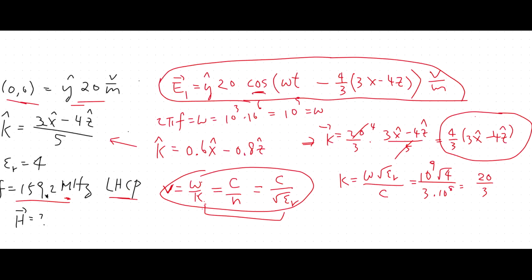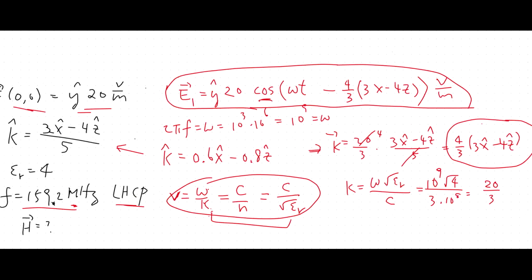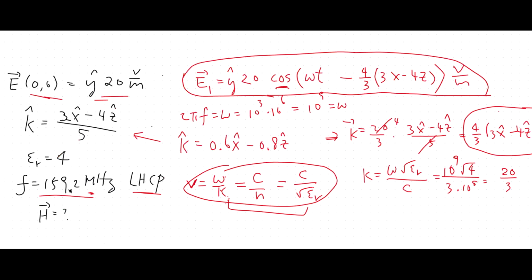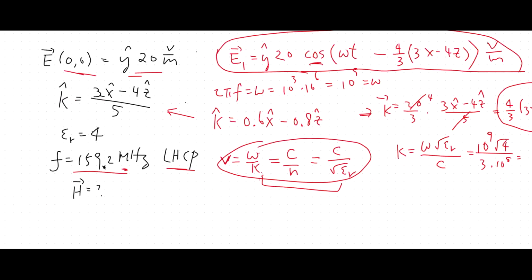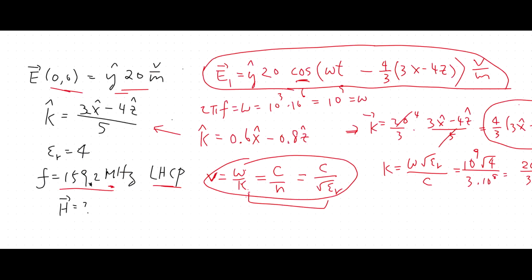So once we know this, if I know E1, I should be able to find E2, because E1 and E2 will give me the propagation, left hand, right hand. But do I need to find E2? Not really, because I want to find H. So I can just go from E1 to H1, and then from H1 find H2. You can go any way you want, but since I'm not asked what E2 is, I'm not going to go there.